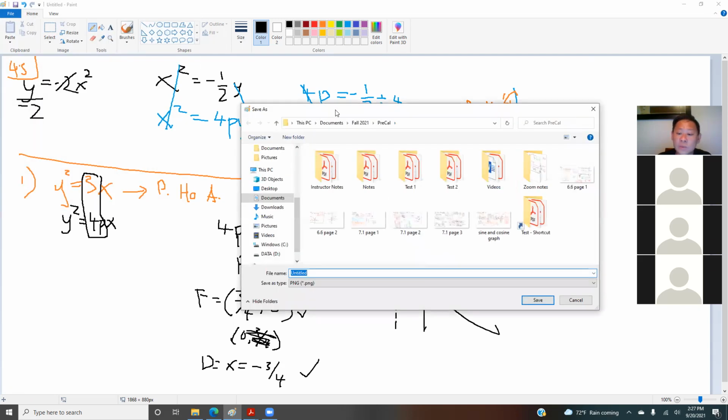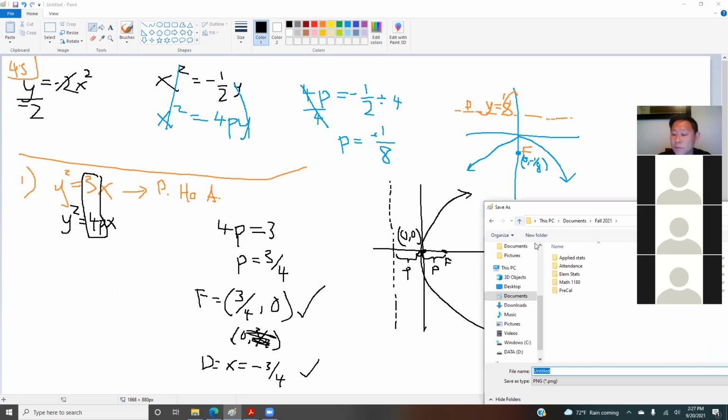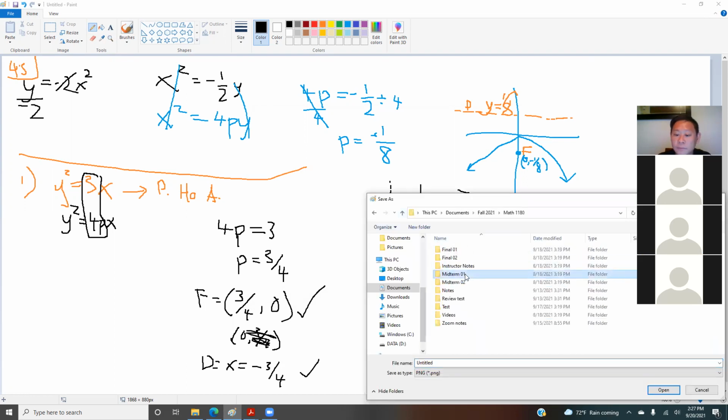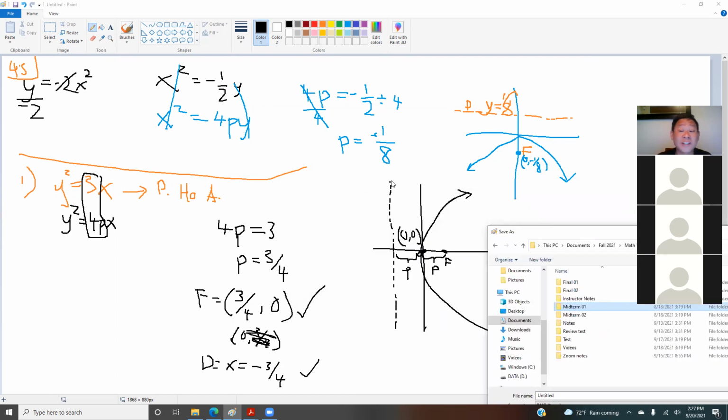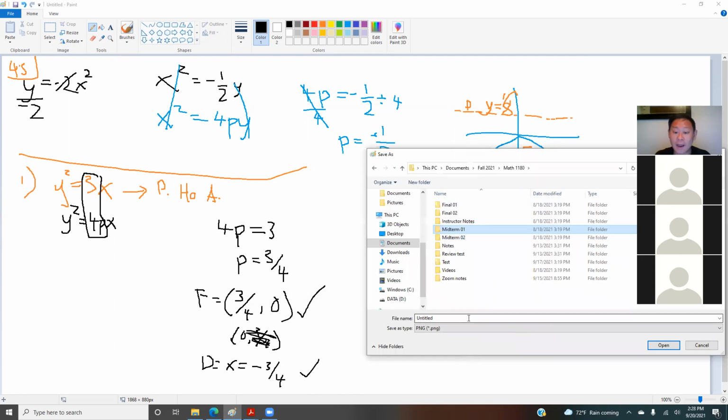Anyone have any questions with this one before we continue? The directrix, does it have to be a point? No, your directrix is a line, not a point. So that's why you have to use x equals or y equals, like your asymptotes. Remember asymptotes? Same thing, so it's not a point.